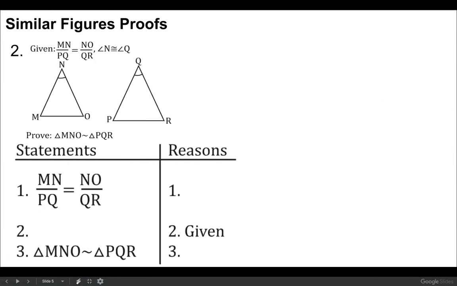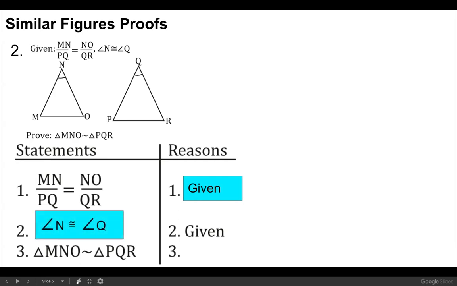Let's look now at example number 2. We have some given information, so we see those ratios are set equal to each other, so that means they're proportional. We are also given that angle N is congruent to angle Q. So let's start again with our given information. Notice where our sides are. We have MN that corresponds to PQ.